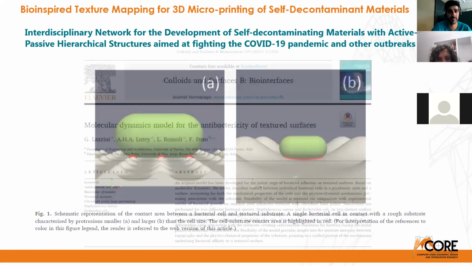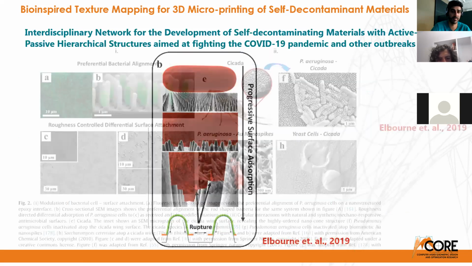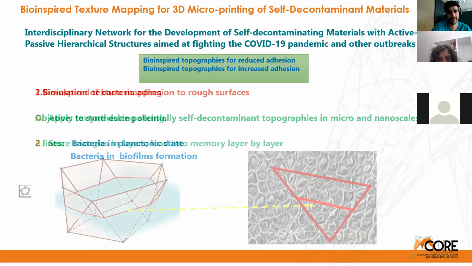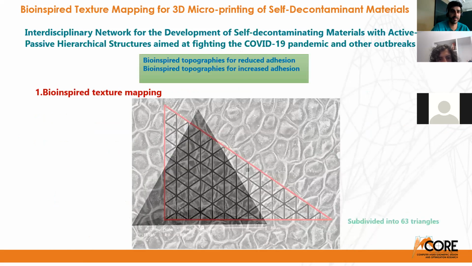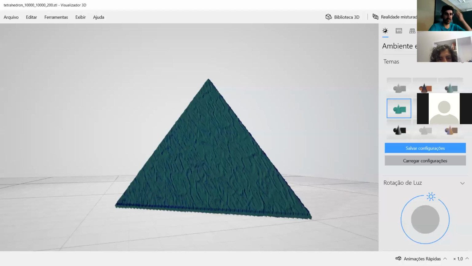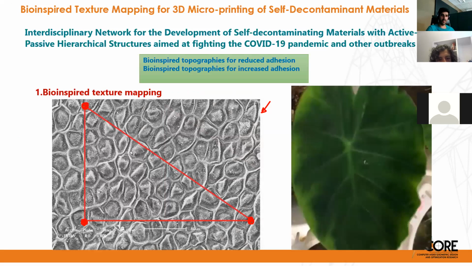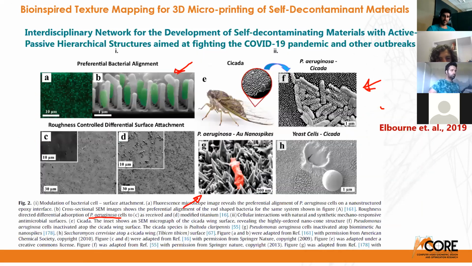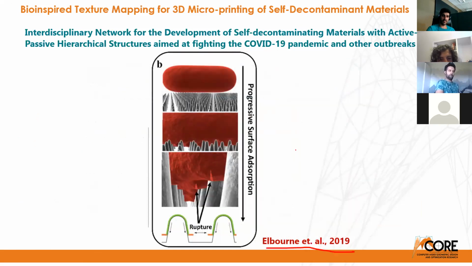In this previous work, what's the name of the guy? This Elborn, this guy. This is a very nice work. It has a lot of the details that we know so far about this bacterial interaction with the surface.